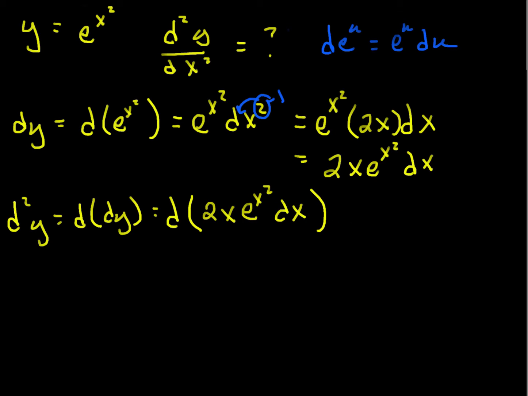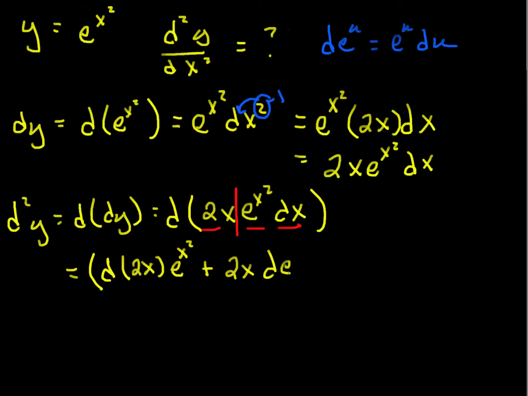And now I've got a product rule. I didn't originally, but now after taking the derivative once, I've got 2x times e to the x squared. Remember, this differential dx we treat like a constant. So using the product rule, this is equal to the differential of 2x times e to the x squared, plus 2x times the differential of e to the x squared, all times dx.